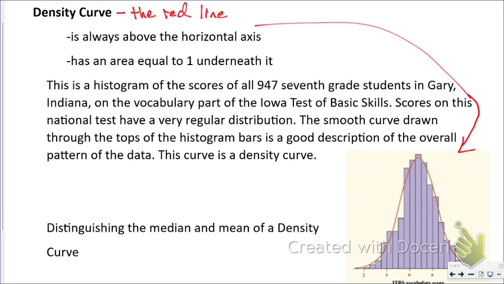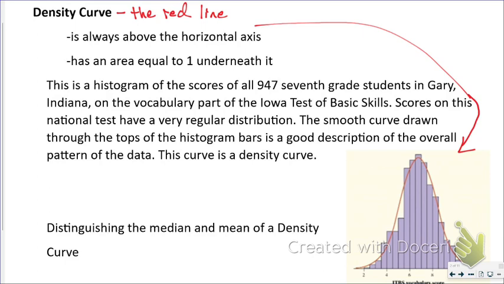So the density curve is the line that can be sketched above the graph, and it has two properties. It's always above the horizontal axis. And if I was to shade the entire distribution, that means that I shaded 100% of it. That's what that area equal to 1 means.